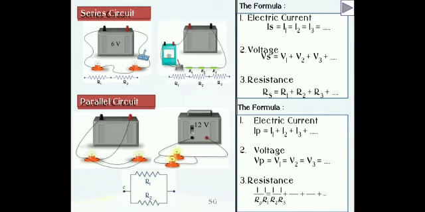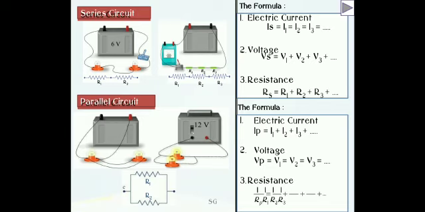And in the parallel circuit, the 12 volt battery and the two resistances R1 and R2 are in parallel. So we know the current is the sum of the currents flowing through each branch. So in a parallel circuit, the total current is equal to I1 plus I2 plus I3 and so on up to In. And the voltage V1 is equal to V2 is equal to V3, because in a parallel circuit the voltages are the same.